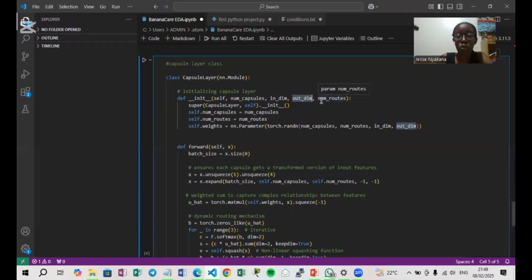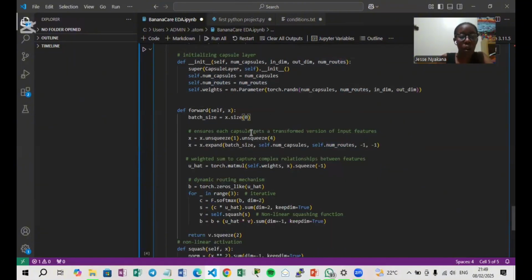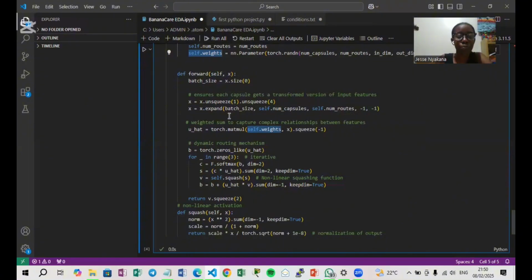Then numRoot shows the number of input features that contribute to each capsule in the network. Then self-weights is a transformation matrix that projects inputs to high-level representations. So it's going to project the images that you've input into this model and transform them using a transformation matrix to high-level representations so that features can be easily identified by the model.